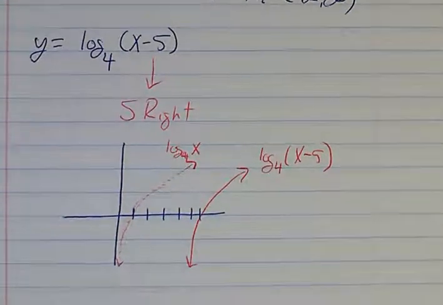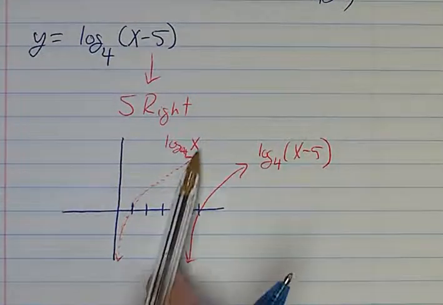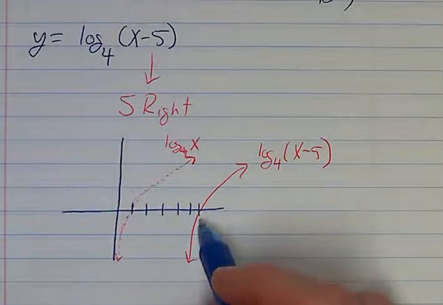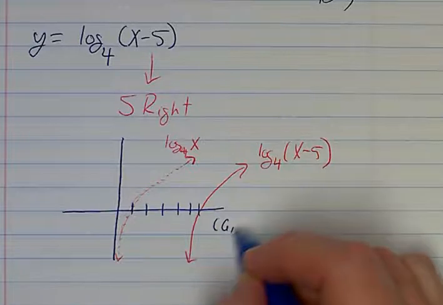And there you go. There's your graph. So if that was log of x, this is log of (x minus 5). You just move this graph over 5 spaces. So instead of this being at (1, 0), now it's at (6, 0).